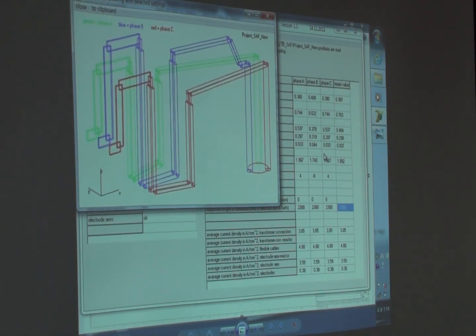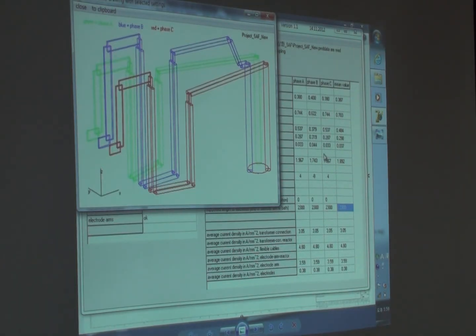Therefore, this is called the Knapsack connection. And I told you that they put these transformers to one side, and this construction was also used for electric arc furnaces for steel making.